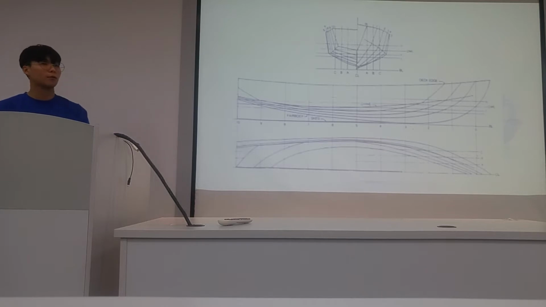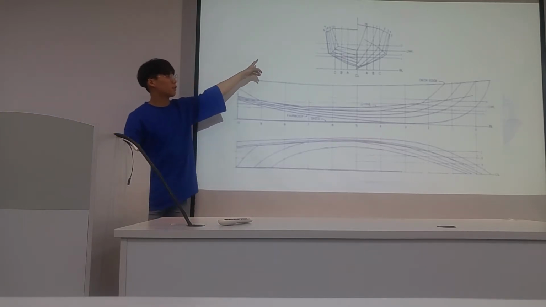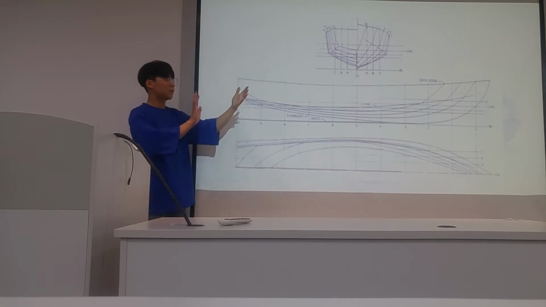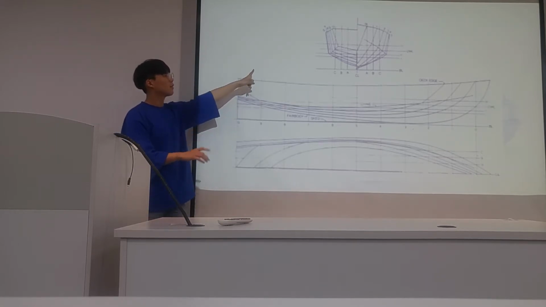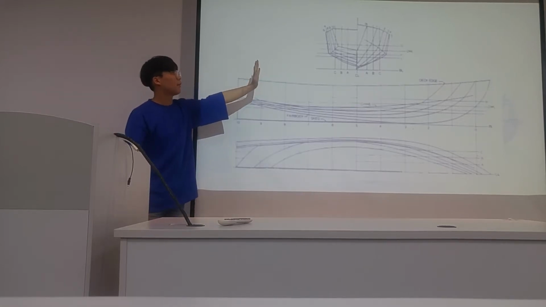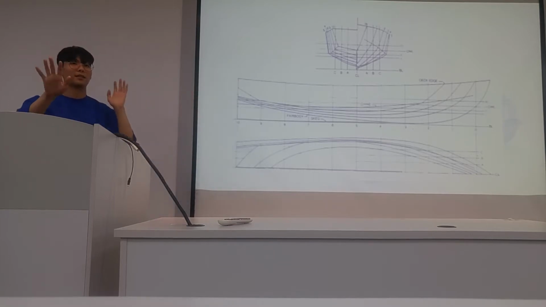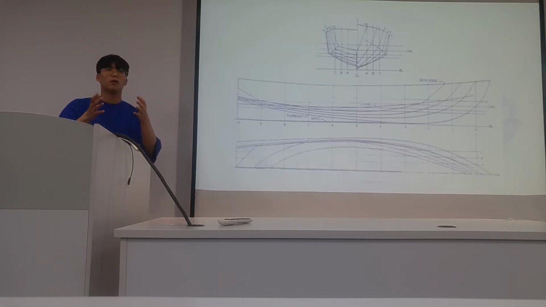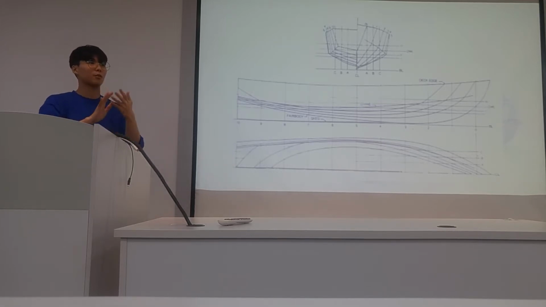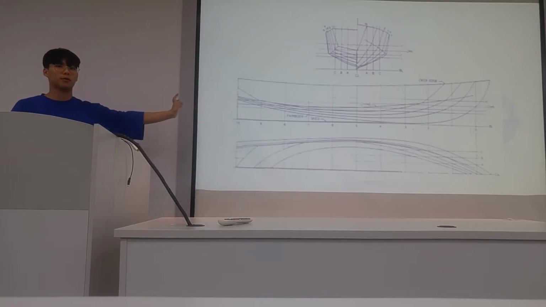And this is a hull form draft. This is a body plan draft. Left and right are different because we have back side and front side of the shape, but the shape is symmetric, so the left side is the back and the right side is the front of the ship.